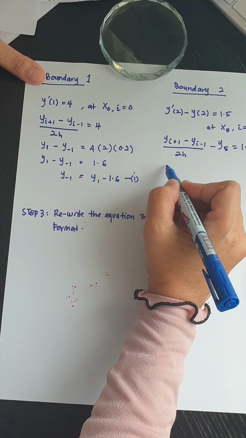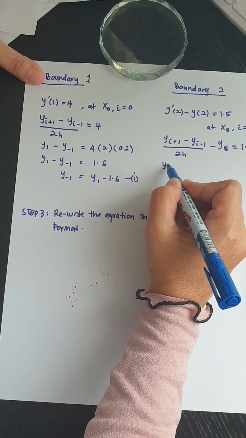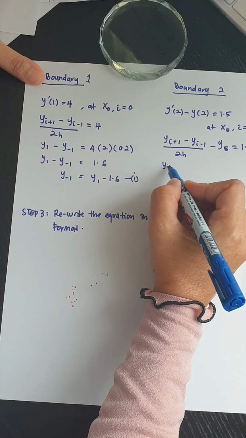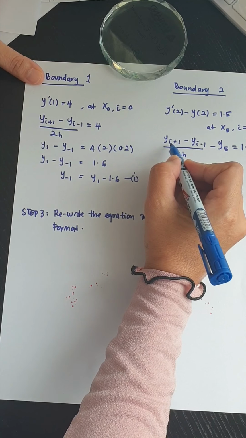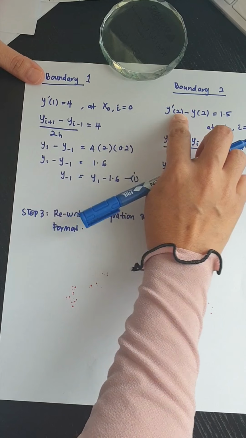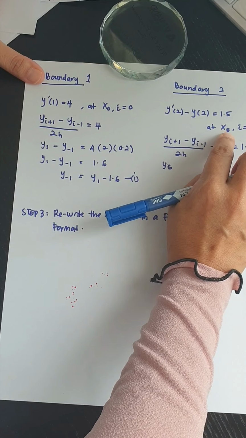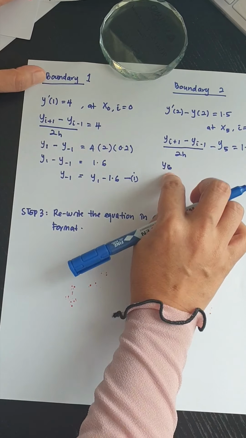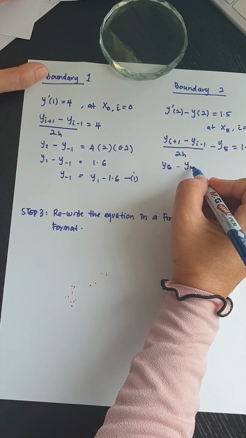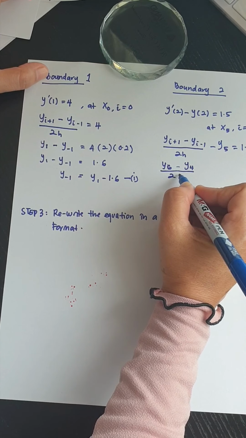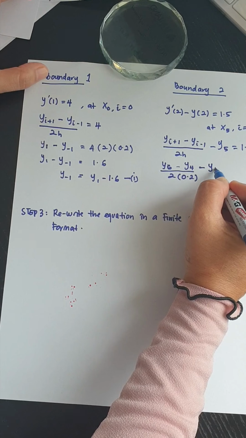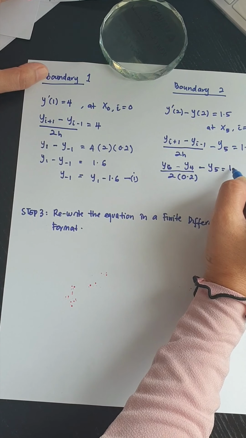Then simplify this equation. Here i is equal to 5, so y6 minus y4. Why do we use 5? Because at x equal to 2, this is equivalent to x5, where i is 5. So y6 minus y4, divided by 2 times 0.2, minus y5 equal to 1.5.